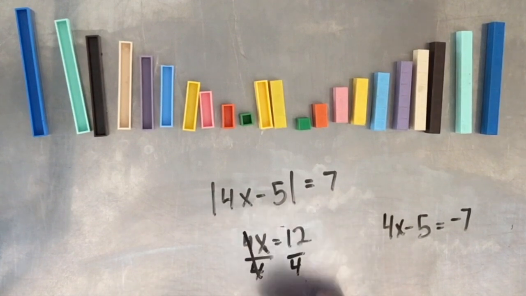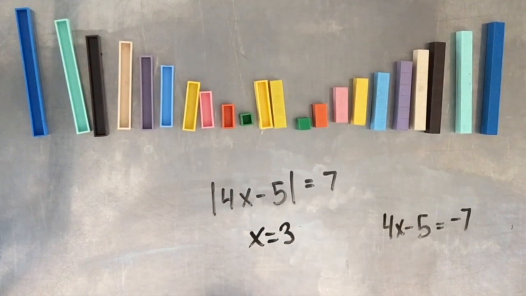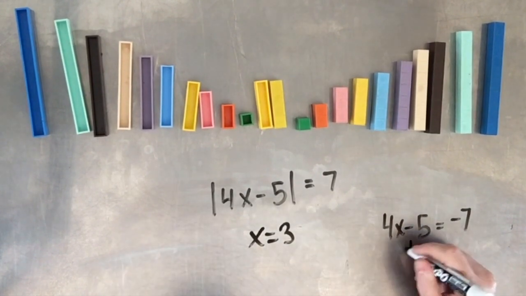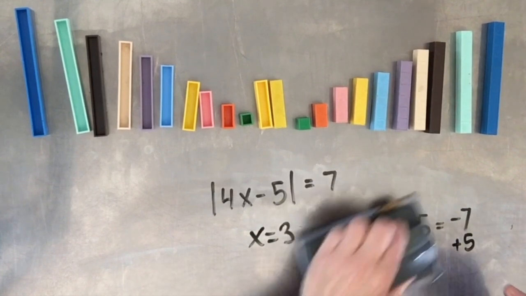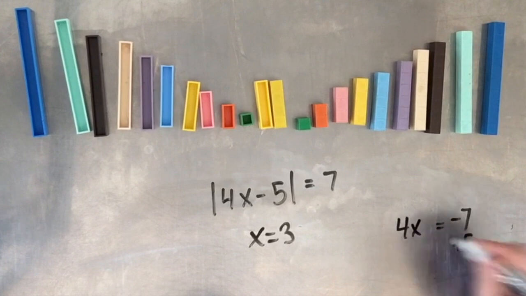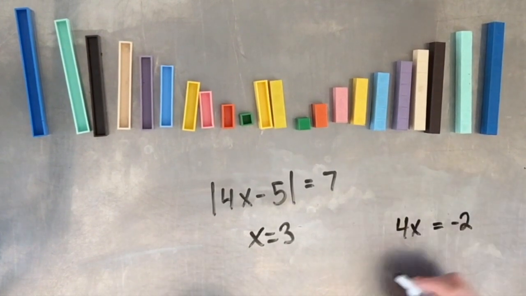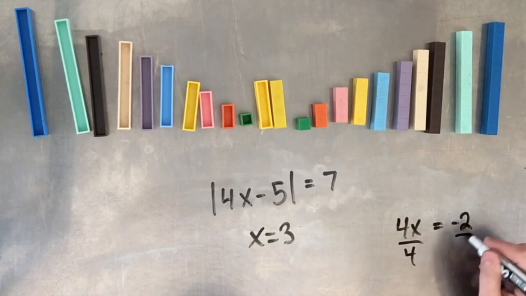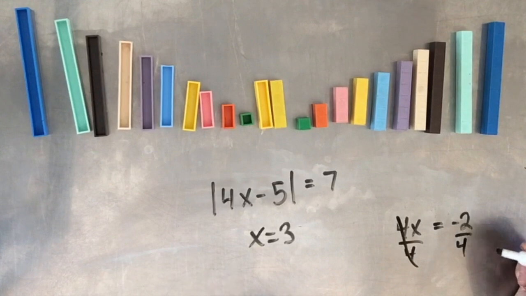So there's your 1 in there. x is going to equal 3, right? And then over here, let's do this. Zero again. So you're left with 4x on this side equals negative 2. All right, divide by 4, divide by 4. x equals negative 1/2.